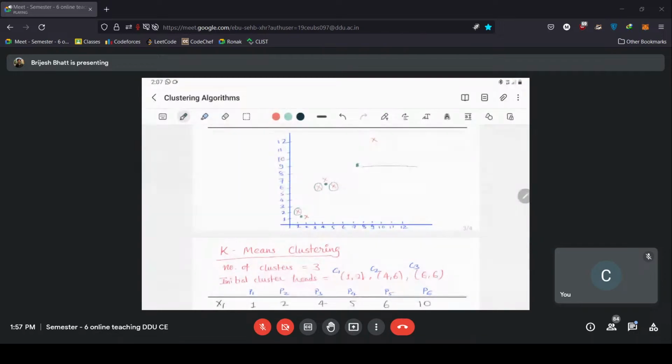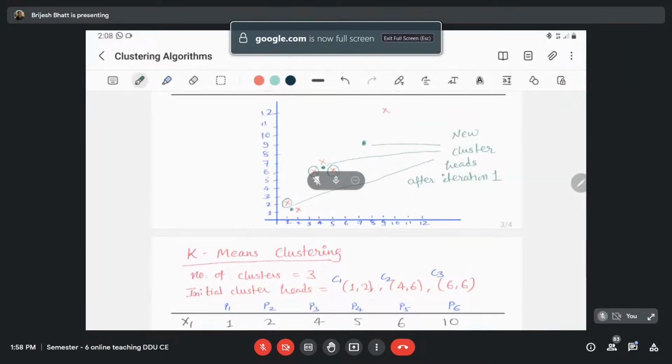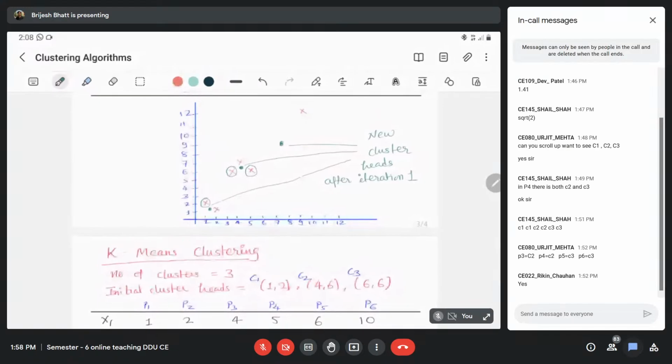Yes, so these three dots are the new cluster heads after iteration 1. Are you with me so far? Any questions?